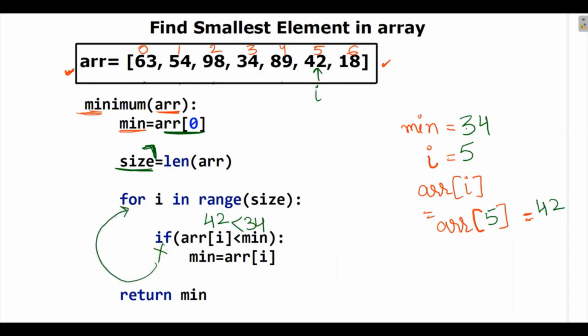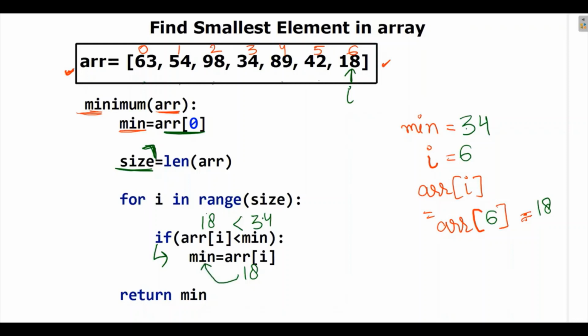So again it will go to for loop, and I will point to sixth index. Sixth index has value 18. So ARR[I] is 18 and min is 34. So is 18 smaller than 34? This time, yes. So it will go to if condition, and 18 value will be given to min element.